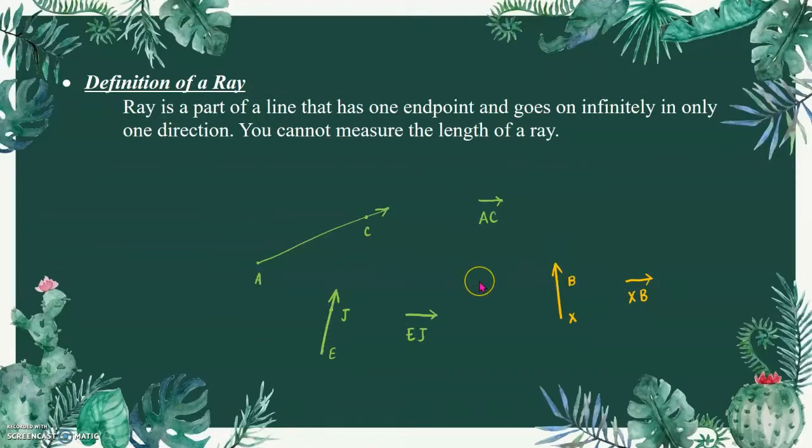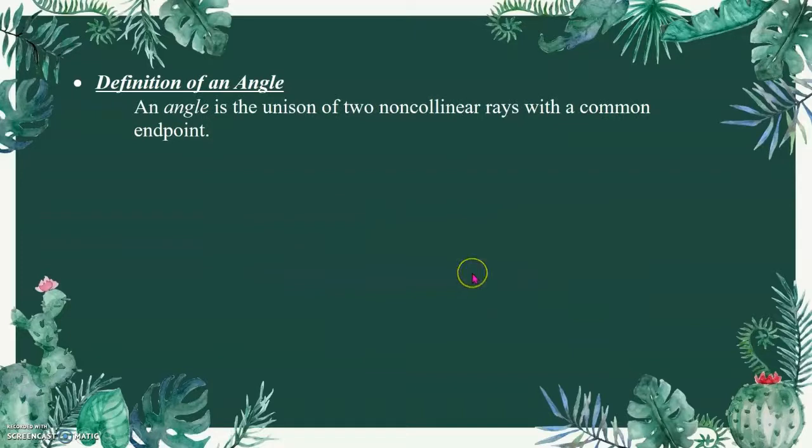Next, let's have the definition of an angle. An angle is a union of two non-collinear rays with a common endpoint. So, this is an angle. Let's have our first ray, which is ray AB, and the second ray, which is ray AC.